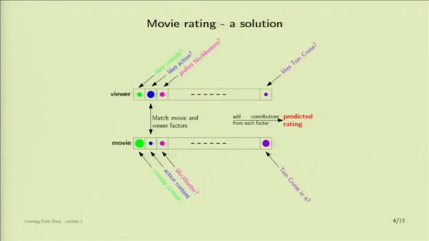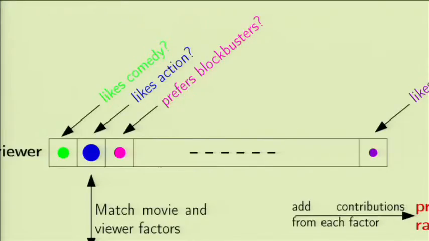Now, let me give you a solution to the movie rating in order to start getting a feel for it. So here is a system. Let me start to focus on part of it. We are going to describe a viewer as a vector of factors, a profile, if you will. So the first one would be comedy content.